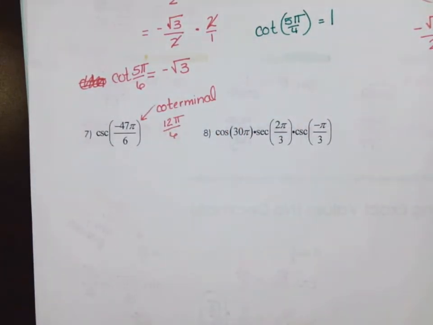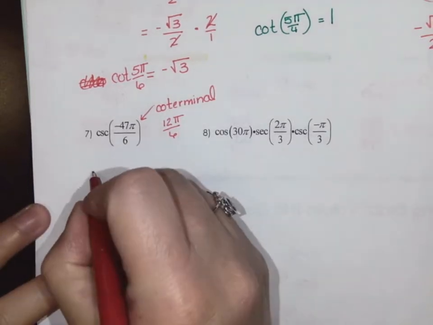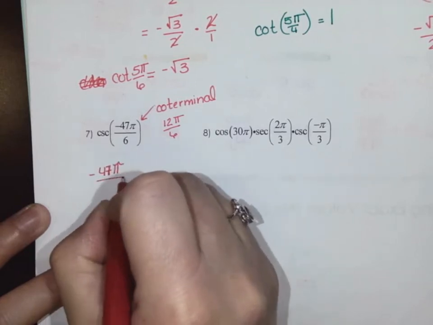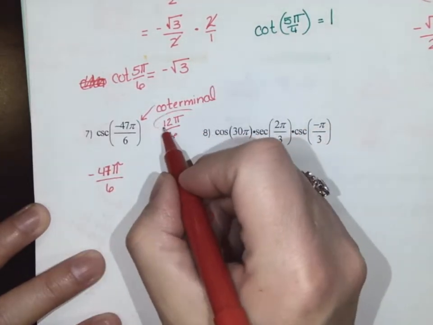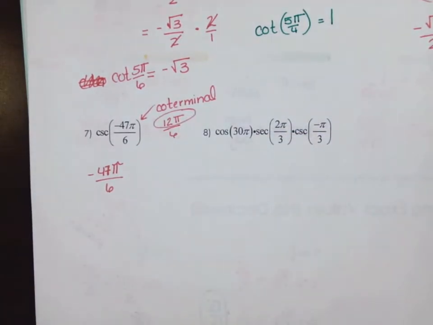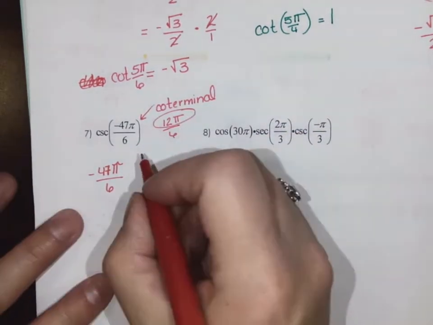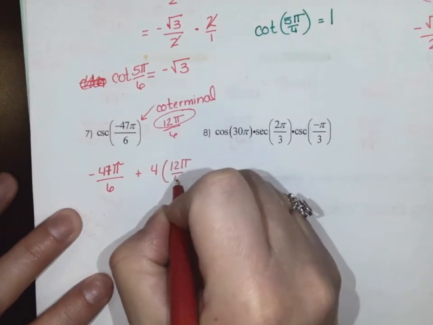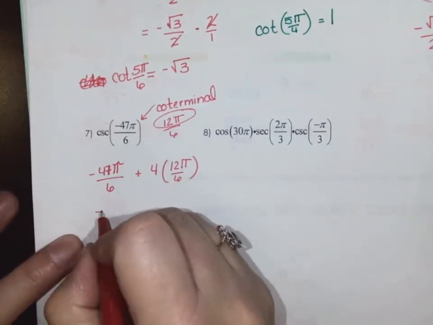Sometimes people go in rotations of 6 because the denominator's 6, but you've got to remember you're looking at the 12. We're trying to get positive. Those are full rotations. So we're going to do 4 of those, which is 48.